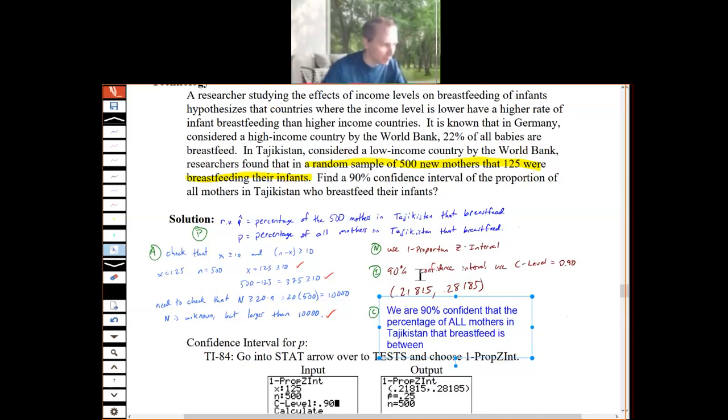And what I'm going to do is look at the numbers that I have here and just convert it to a percentage. So 0.21815, if I move the decimal twice, is 21.815%. Okay, and that's where I'm getting these percentages. I just moved the decimal over.